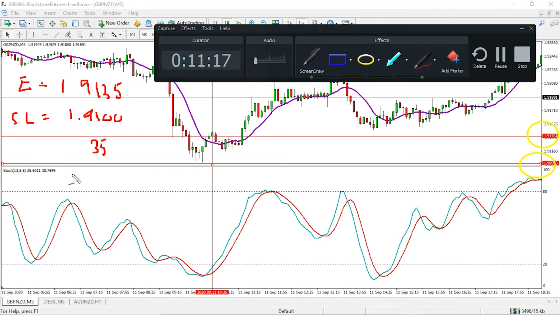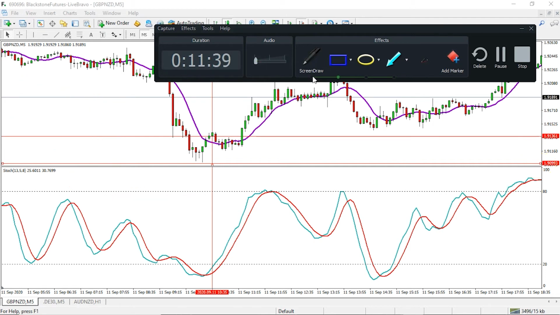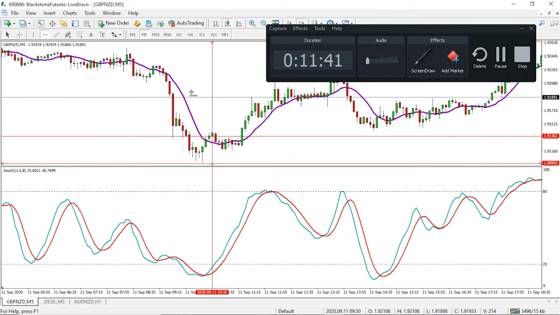If I'm looking to do a 1R, that would mean I'm doing 1 times 35, which gives me 35 points as my take profit. Okay, so hence the reason why we're looking for our R number. All right, so let's take that out and pop our take profit on there, 191.70.